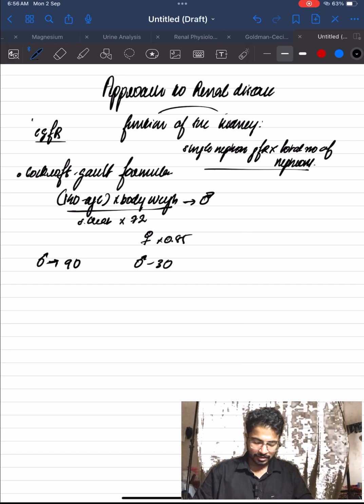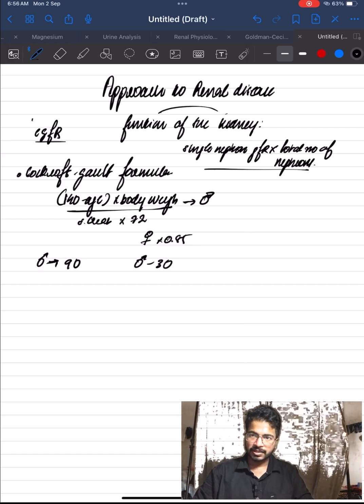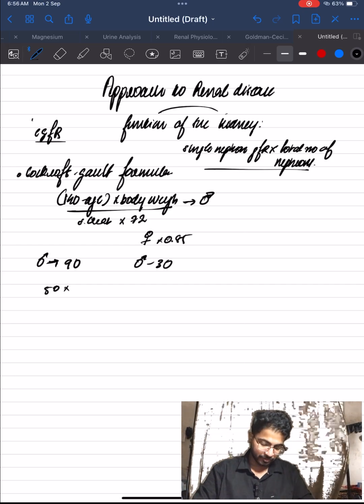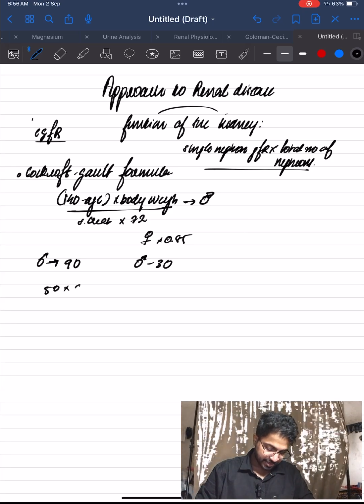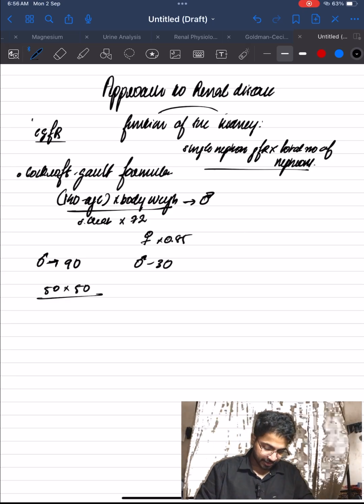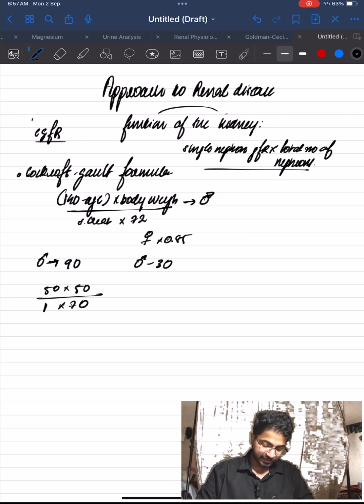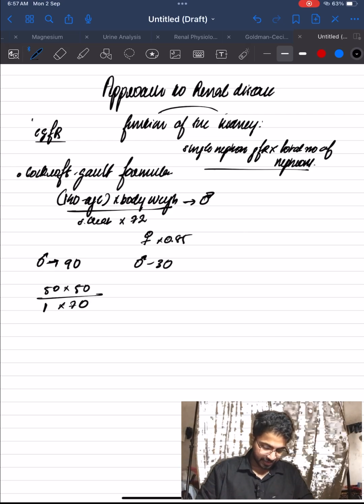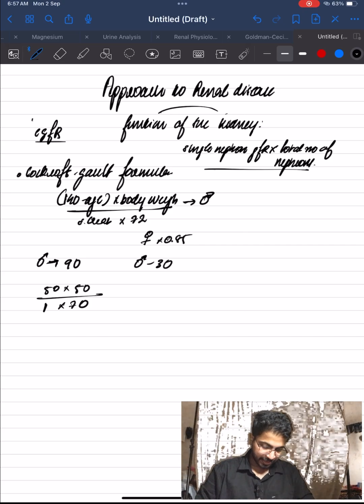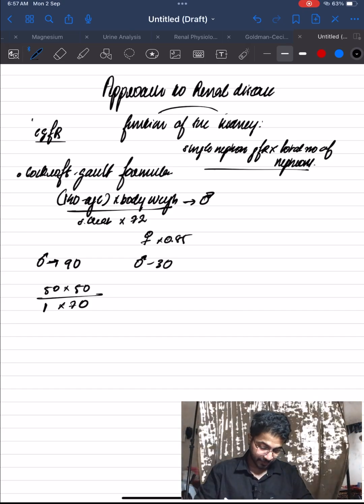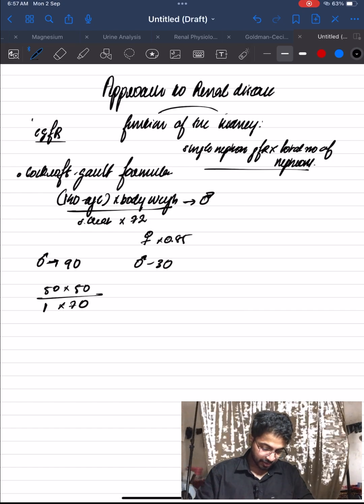We will calculate the eGFR based on the Cockcroft formula. For the patient of age 90, it will be 50, and we will consider body weight as 50 for both, into 50, divided by serum creatinine 1 into 72. For ease of calculation, we'll take it as 70.